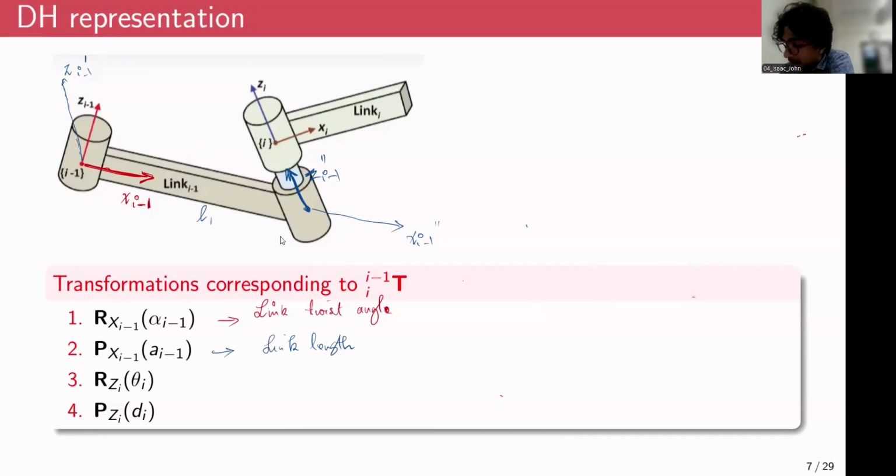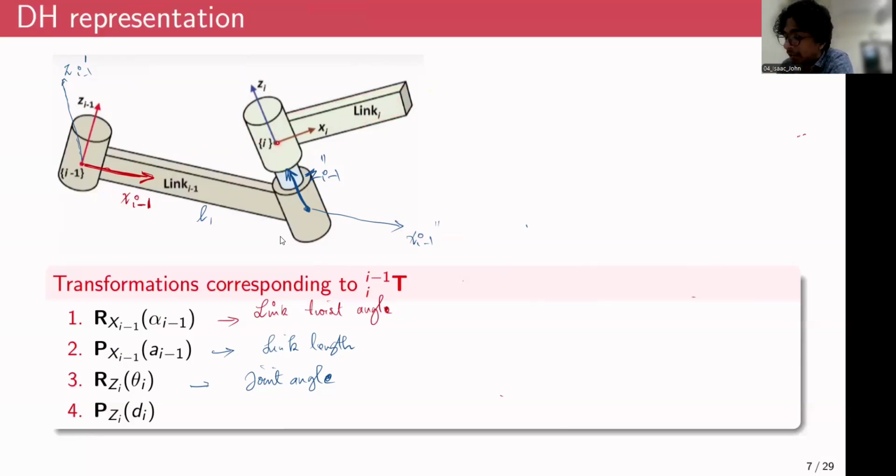Now, the third transformation is a pure rotation about zi by an angle theta i. So we call this the joint angle, right? So as you can see, there is a relative orientation between xi axis and xi minus 1 double dash axis. One is pointing in this direction, another is pointing in this direction, because this is a rotary joint, right? At any instance, this link can be aligned at any orientation.